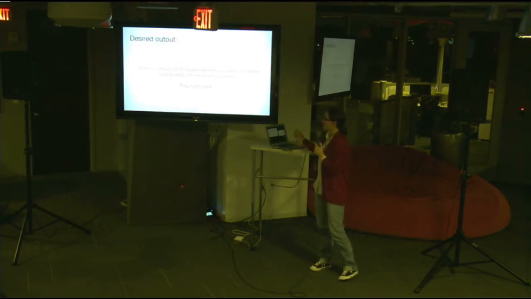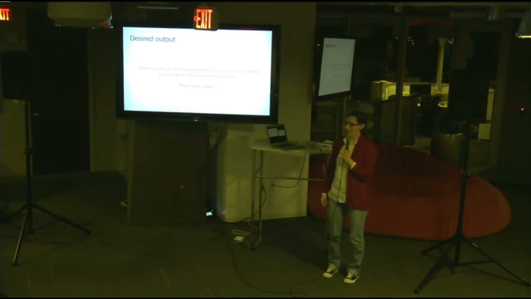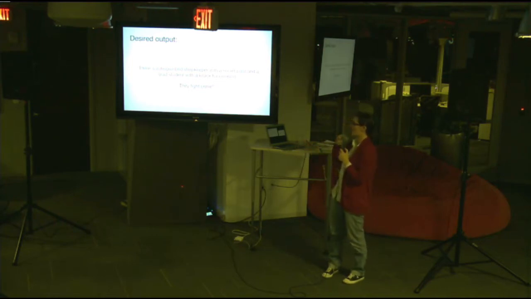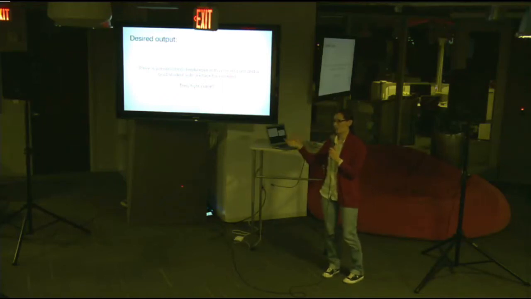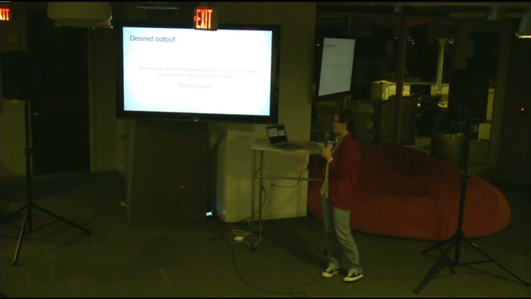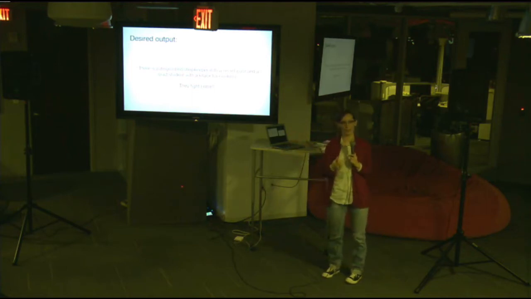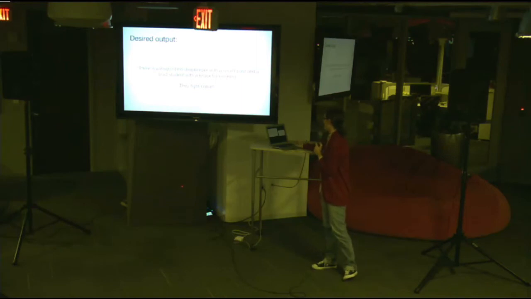So for my adventure plot generator, my desired output is I just want this gem to print a string, right? And I want it to be, there's a character with some funny quality and another character with something else that is kind of entertaining, and they fight crime because I'm easily entertained.